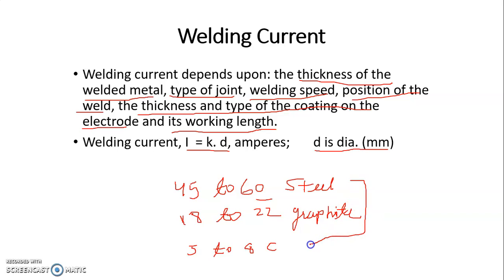These all three are for electrode materials: 45 to 60 for steel, 18 to 22 for graphite electrodes, and 5 to 8 for carbon electrodes.